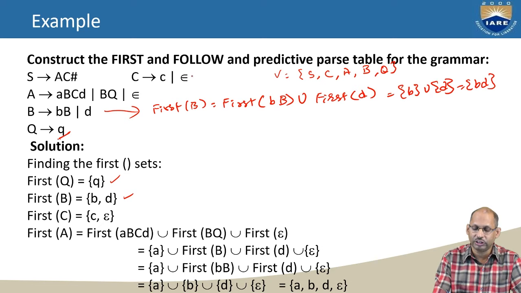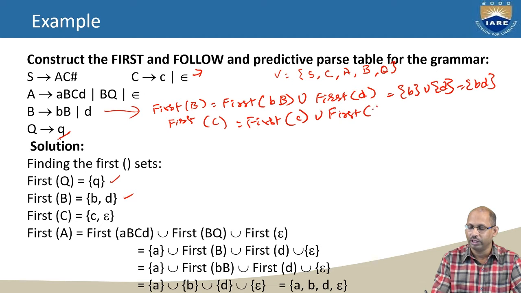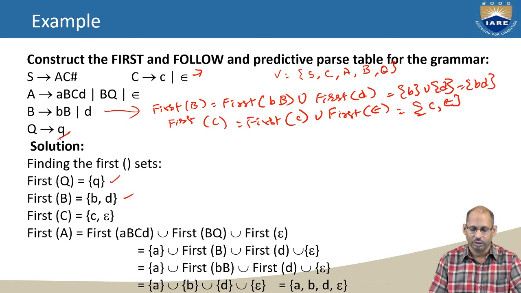From the C function, C has two productions. So first of C, we have to consider both productions. First of terminal c union with first of epsilon. So we must consider terminal c and epsilon.